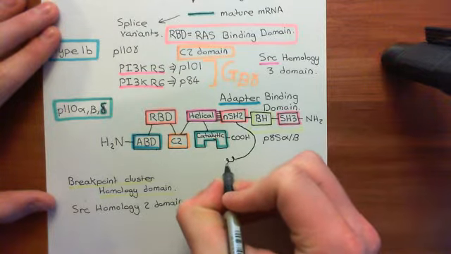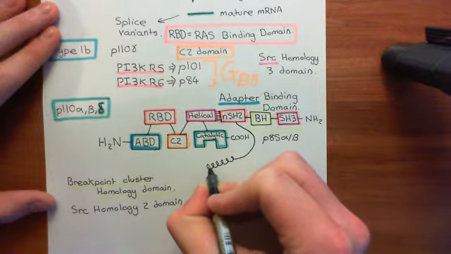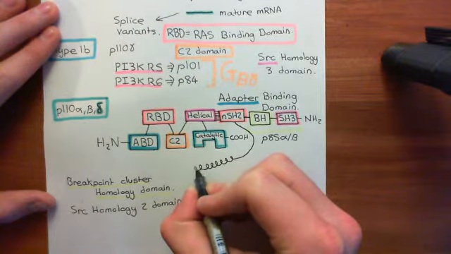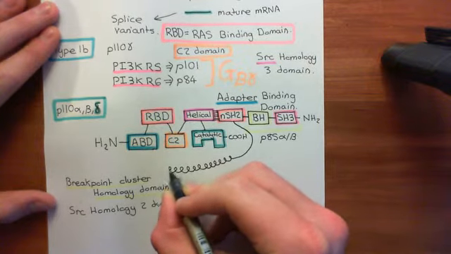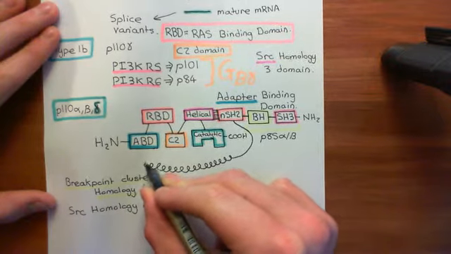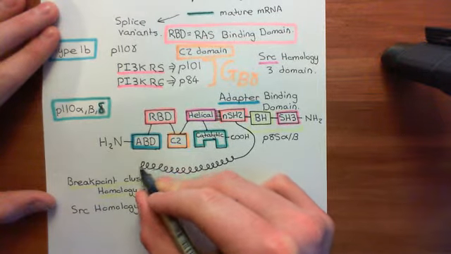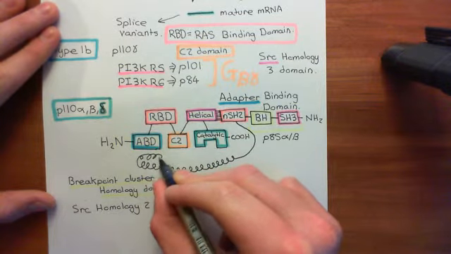Remember, an alpha helix is a spring-like structure, where the polypeptide folds up into a spring-like structure, like so. So this is the first alpha helix here. And then it's going to coil back around like so.